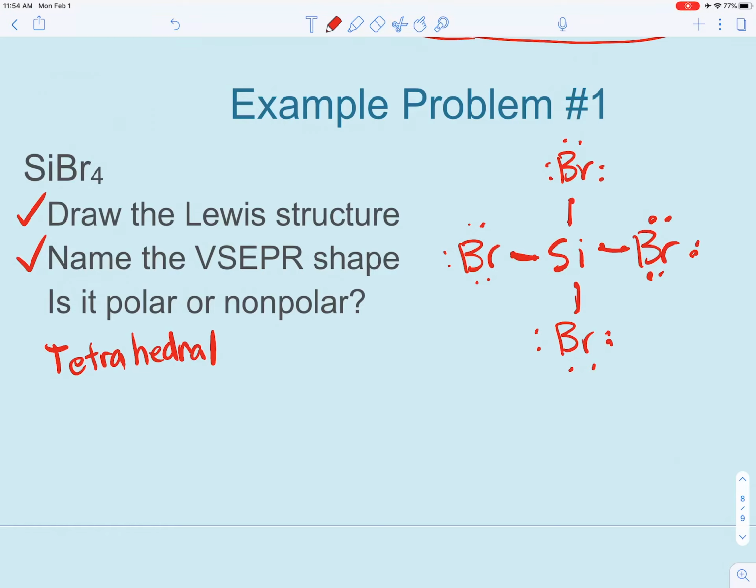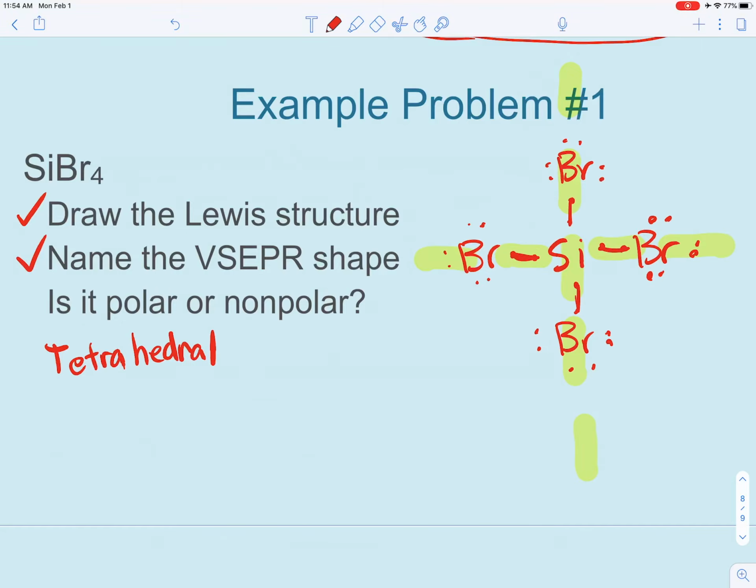So one way to check for polarity is to check for symmetry. So I'm going to check to see, is it symmetrical left to right? Yeah, there's a bromine on both sides. And then is it symmetrical going top to bottom? Yeah, there's a bromine on the top and a bromine on the bottom. So here, each bromine is pulling on all the electrons with equal strength, right?